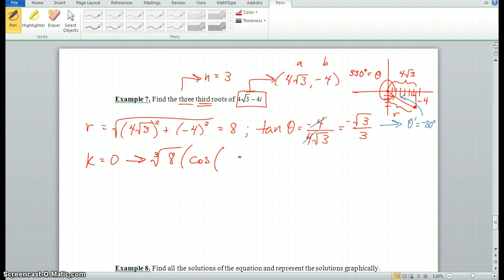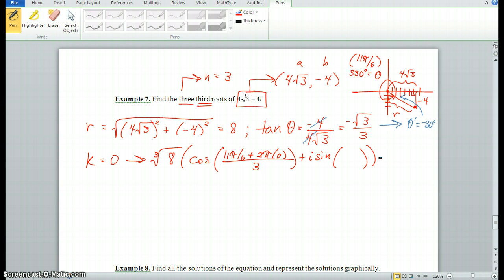Now again, I could use degrees, though I could use radians as well, which is what I will do in this instance. I'm going to identify using my unit circle, as we all remember, 11 pi over 6 is the radian value that equates to 330 degrees. So the cosine of 11 pi over 6 plus 2 pi times 0 all over 3, plus i times the sine of the same thing.